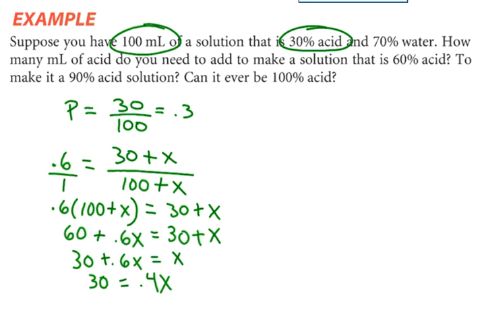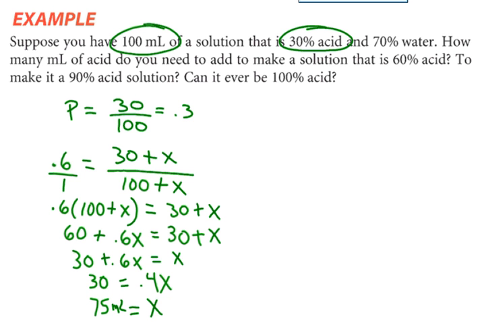So we finish solving for X by dividing both sides by 0.4. And we end up, 30 divided by 0.4 is 75 milliliters of acid would need to be added into the solution to get it to be 60% acidic.